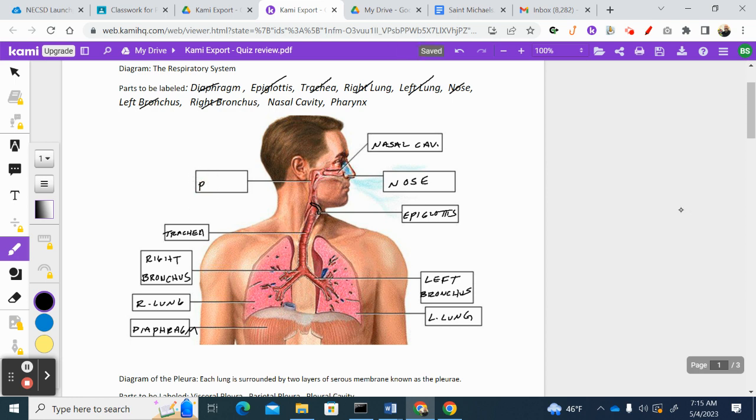And there's our pharynx. That's our throat. Okay. Everybody good?